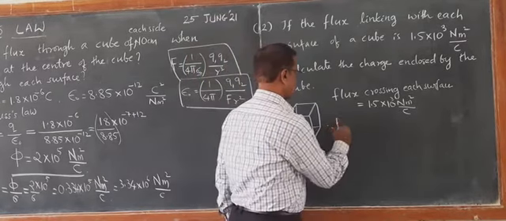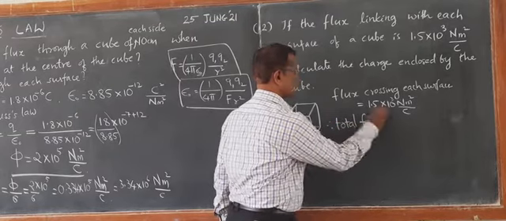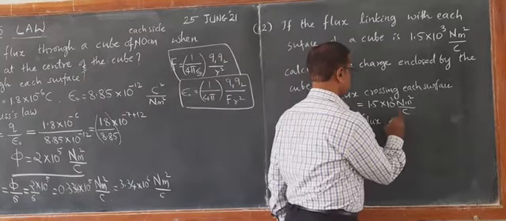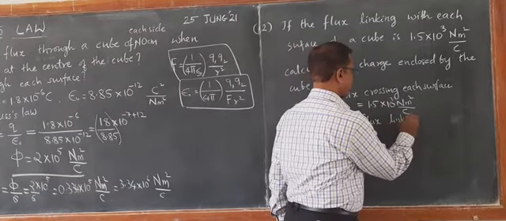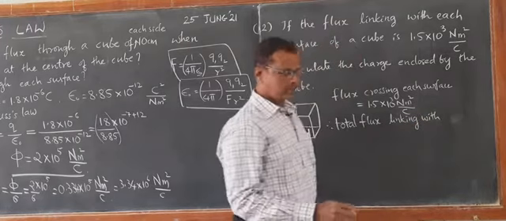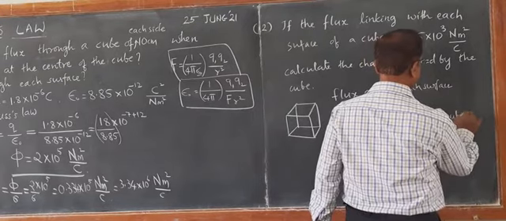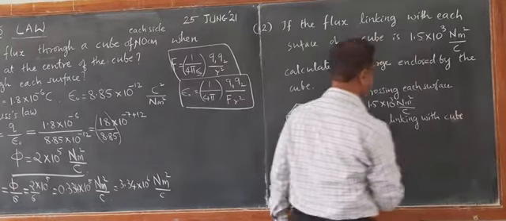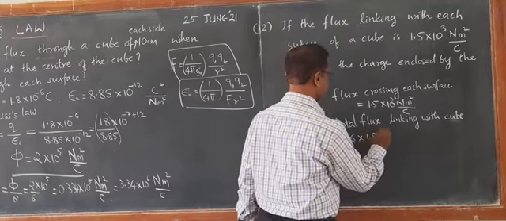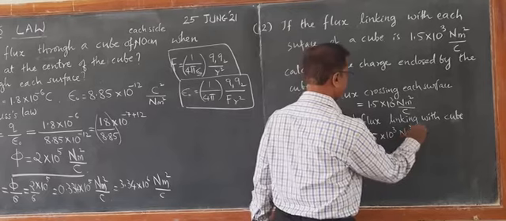Therefore, total flux linking with the entire cubical surface is equal to 6 into 1.5 into 10 raised to 3 Newton meter square per coulomb.